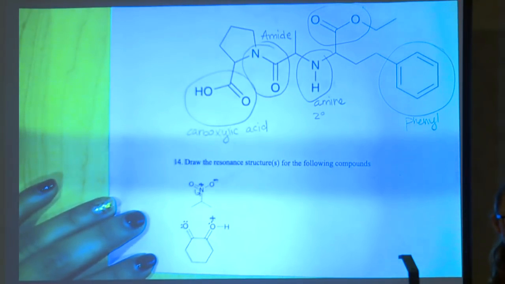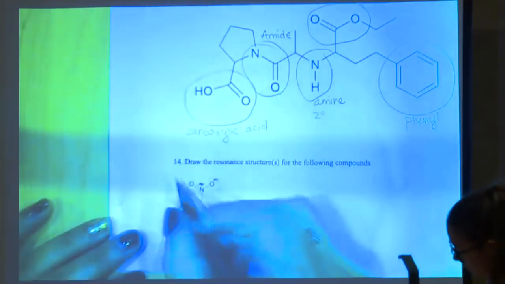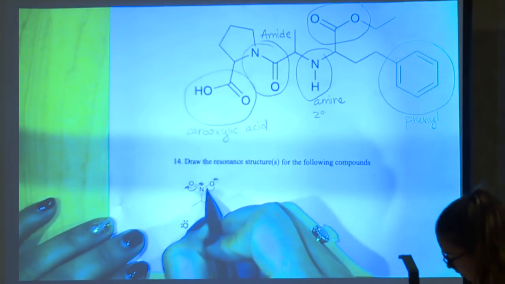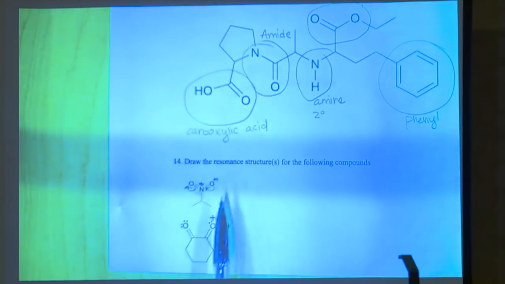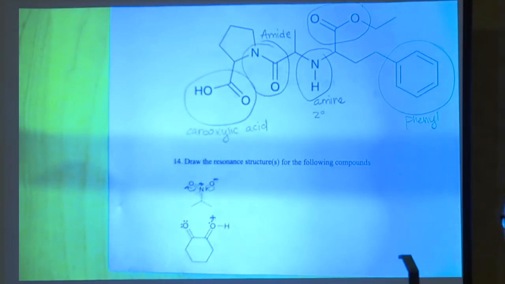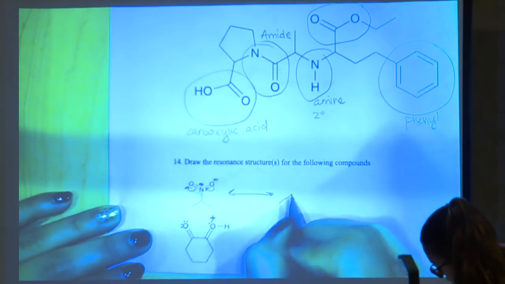Starting an arrow like that? Can you see that? Okay, good. So like this, and then from here to this bond? Good. What kind of lone pair do we have here that we're working with in the first one? Awesome, yeah. So we have an allylic, which we just discussed, has 2 arrows. Do you guys see why that's allylic? Okay, good. So then the resonance would just look like this.